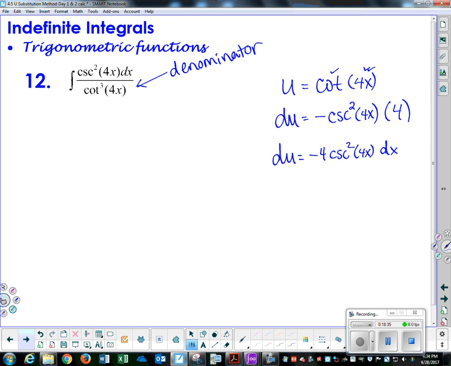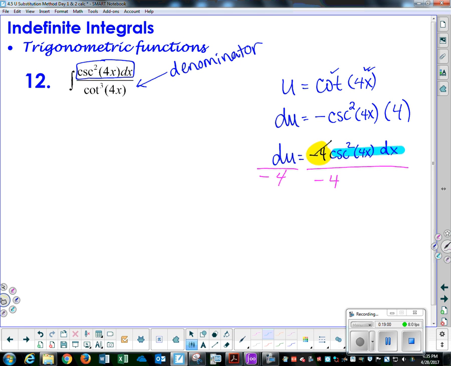All right, so now I got to come back across and just check to see how close I matched. I see the cosecant squared of 4x dx. So I've got part of it, and the number portion here over on this side I'm not too worried about, because the number portion of negative 4, I can get rid of that in a real easy step just by dividing by negative 4, correct?